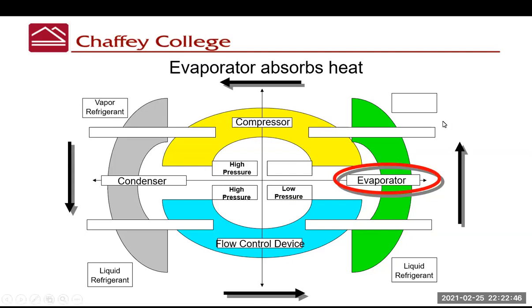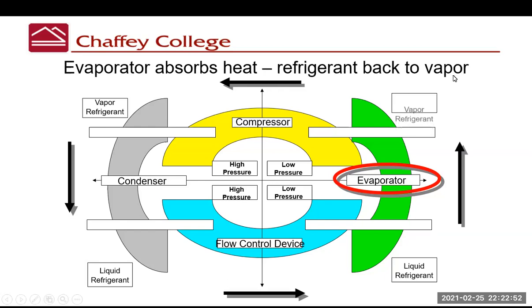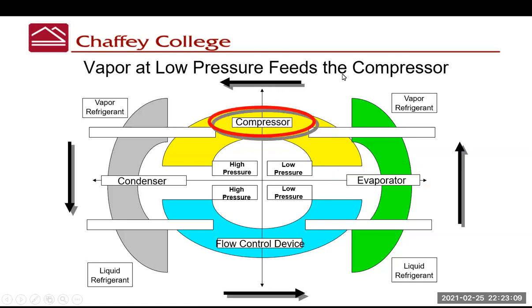Well, it turned into a vapor. It evaporated. So the evaporator absorbs heat and the refrigerant changes back to a vapor form. So it's still low pressure, but now we've changed it into a vapor by adding heat. That low pressure vapor then feeds back to the compressor. So that is our cycle of refrigerant as we go around.